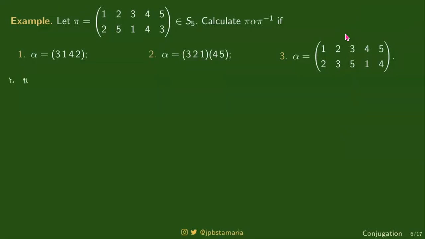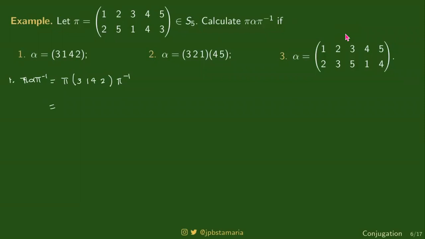Kapag sinabing pi alpha pi inverse, it's just pi, ito yung cycle mo, pi inverse. According to the proof of the previous theorem, there is a way to do this conjugate. Napatunayan natin na kapag k-cycle ang isang element, ang mga conjugates niya, mga k-cycles din.